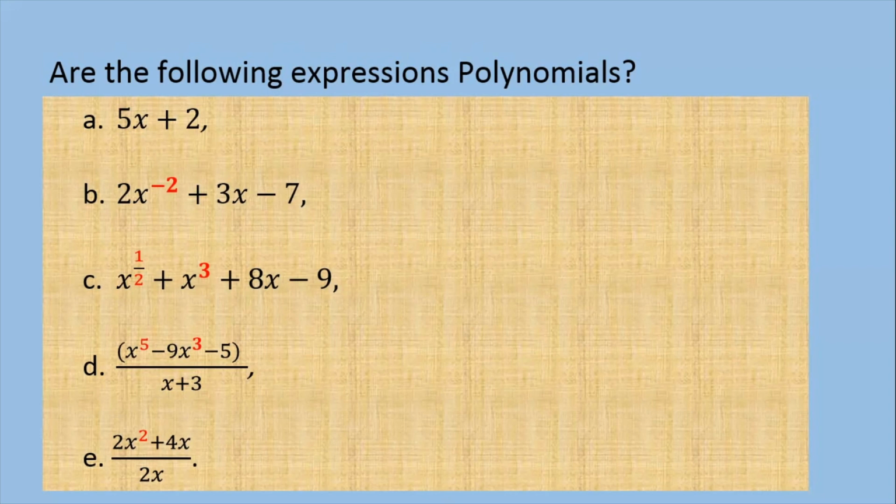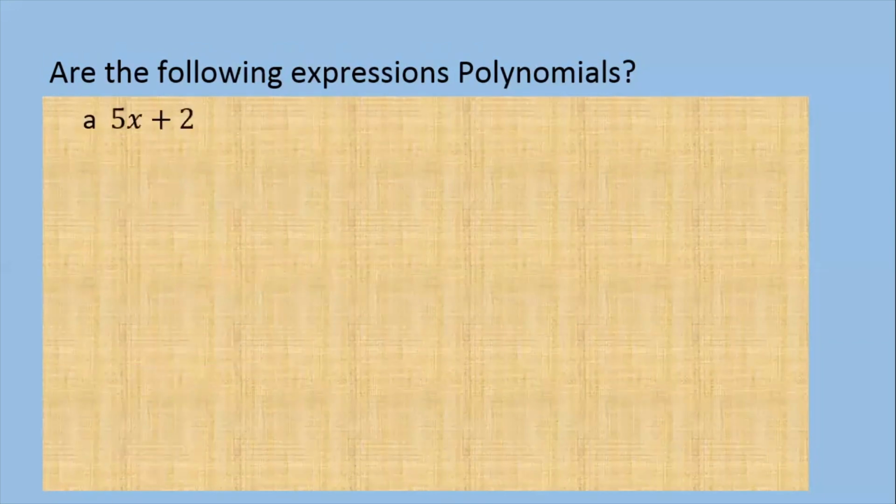Part D, x power 5 minus 9x cubed minus 5, and the whole is divided by x plus 3. And part E, 2x squared plus 4x, and the whole is divided by 2x. Okay, we'll take one by one.